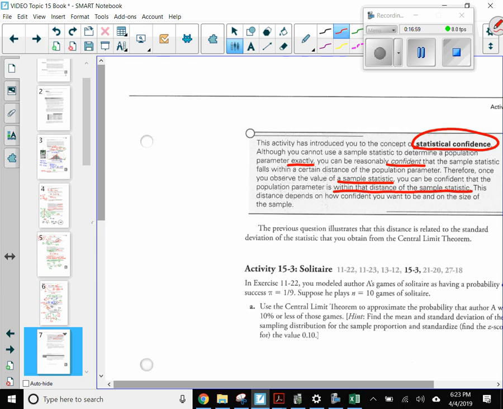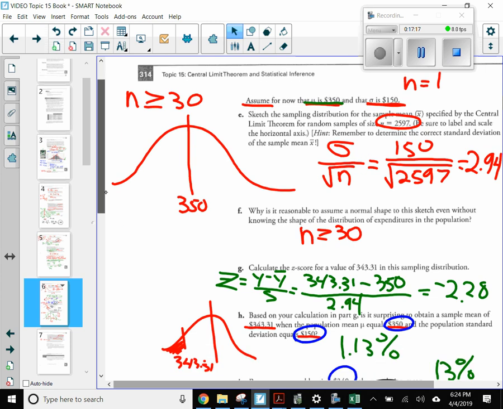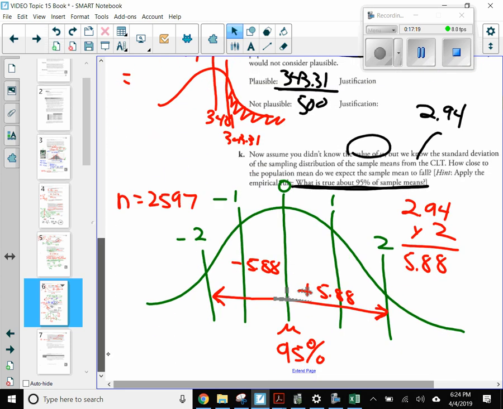So the distance depends on how confident you want to be and on the size of the sample. The size of the sample led us to the standard deviation that we're going to use. How confident we want to be, we determine that by, well, if we want to have 95% confidence, we use two standard deviations.